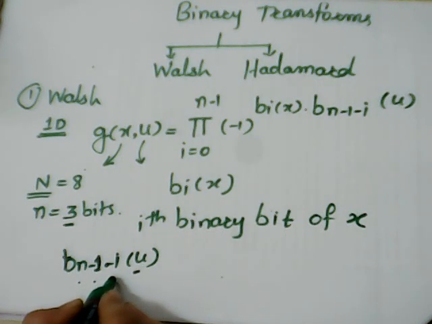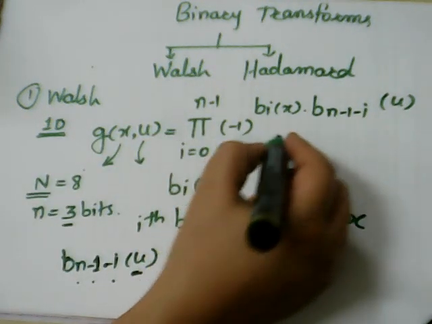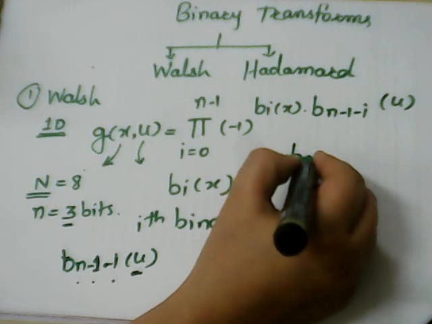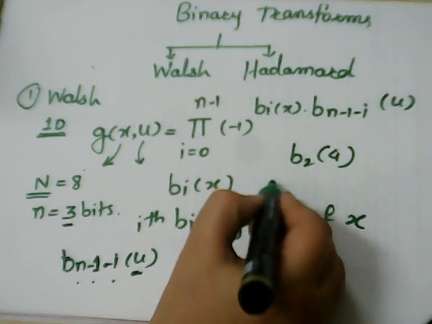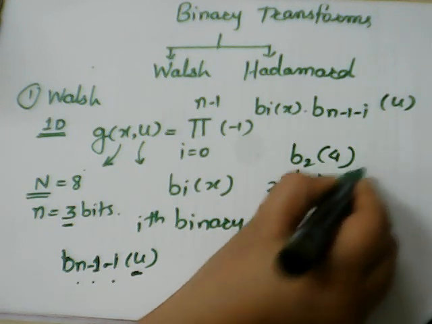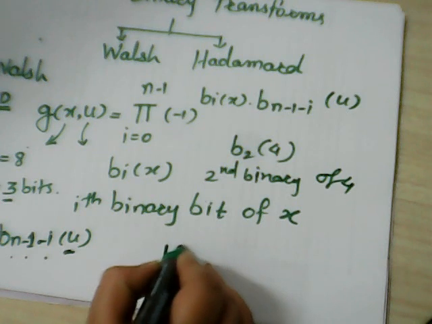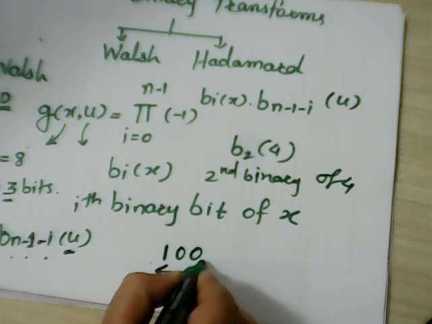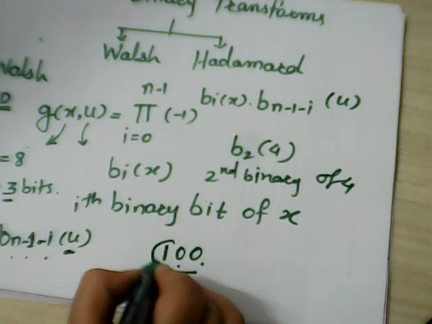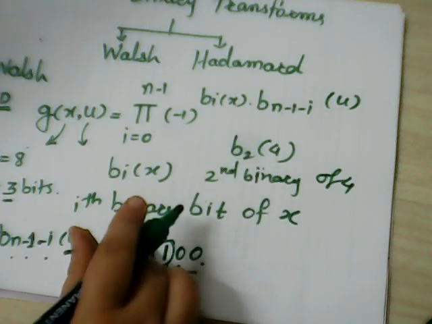The n minus 1 minus ith binary bit of u. For example, if we have a value b2 of 4, it means the second binary bit of 4. So number 4, how to represent? 1 0 0. This is 0th bit, first bit, second bit. So the second binary bit of value 4 is nothing but 1.